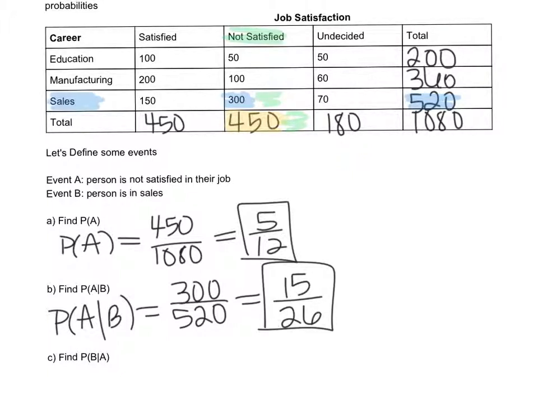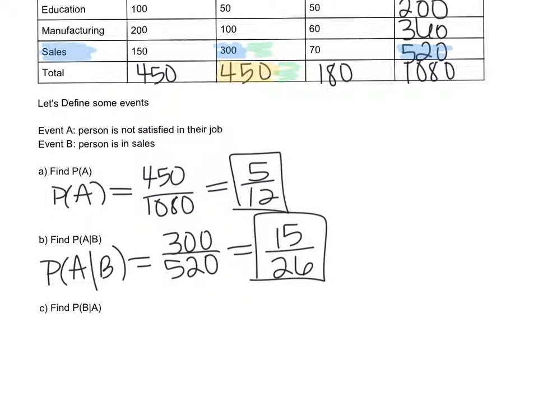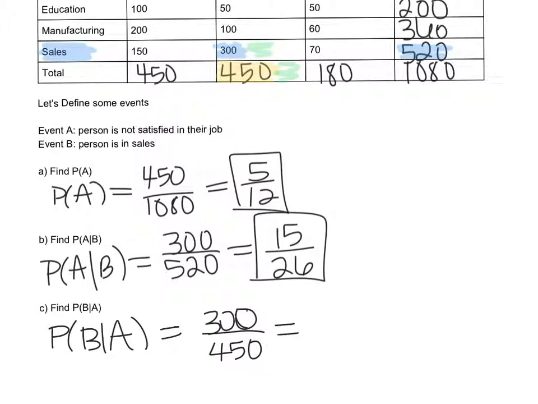So the probability of B given A is 300 out of 450, which simplifies to 2/3.